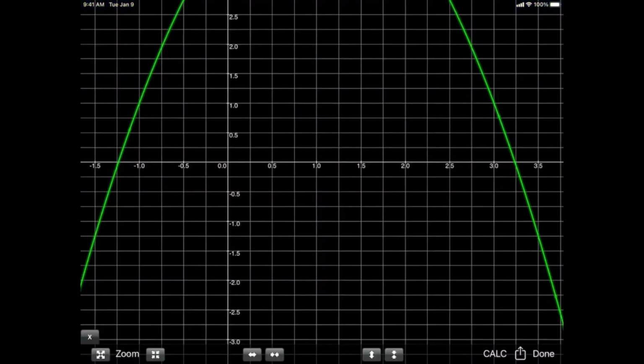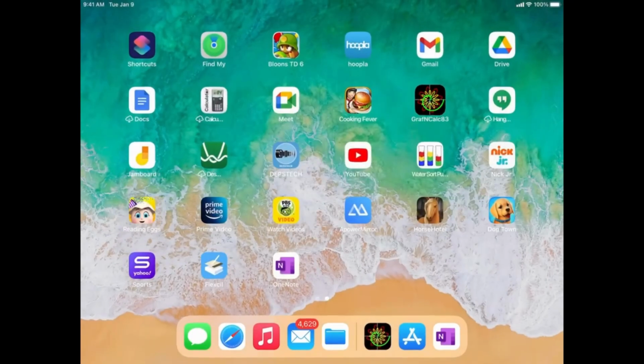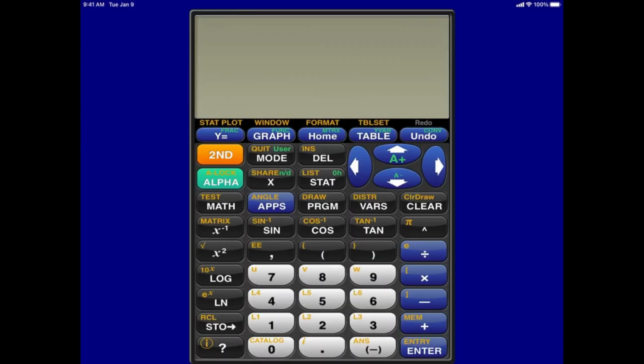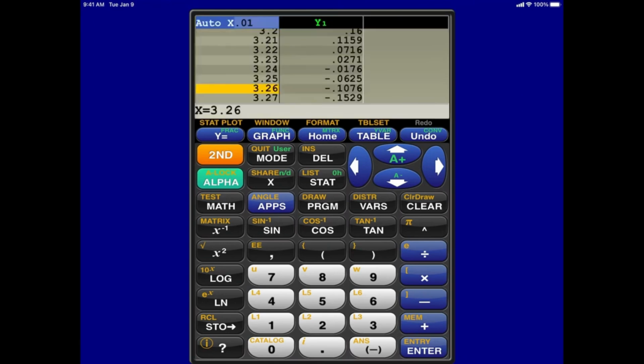Yep, I forgot. Let's try 3.25. Second table set. Now press table. And there's the negative and positive change between around 3.23 and 3.24.